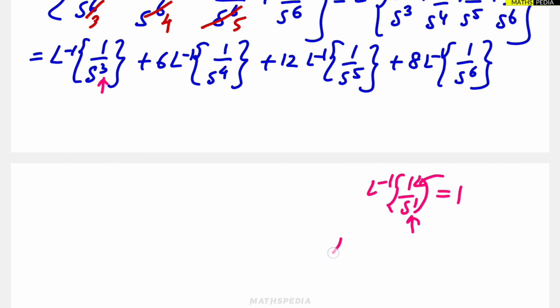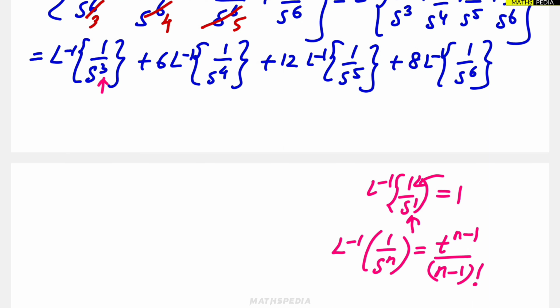Then we have to go by the Laplace inverse of 1 by s power n formula, which is equal to t power n minus 1 divided by n minus 1 factorial. So this formula we have to go by.